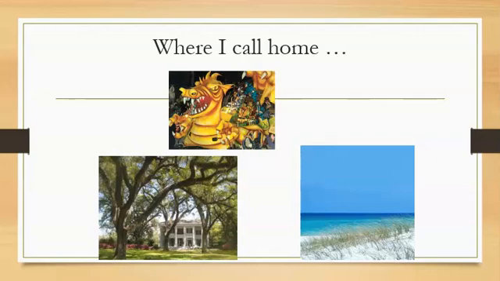And the water there is literally clear. You can see all the way to the bottom, and it is the most beautiful turquoise blue you've ever seen in your life, which is why it's called the Emerald Coast.